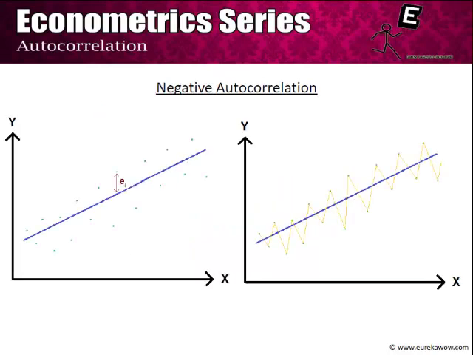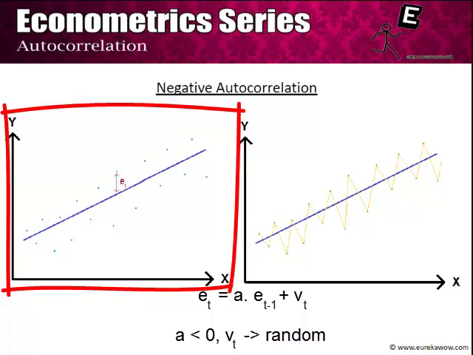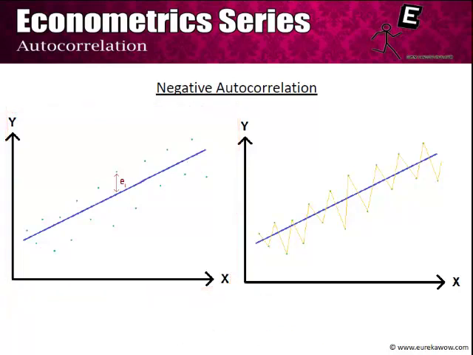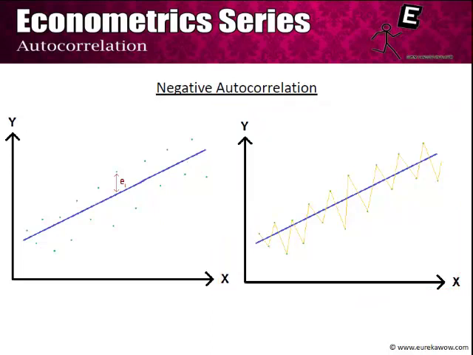Another type of autocorrelation is negative autocorrelation, wherein a positive error term in this period is likely to be followed by a negative error term in the next period and vice versa. This is shown on the left hand panel of this slide. To illustrate this more vividly, we have connected the error terms in the right hand diagram of this slide, and as you can see, the yellow line connecting these green points keeps crossing the regression line in the center.